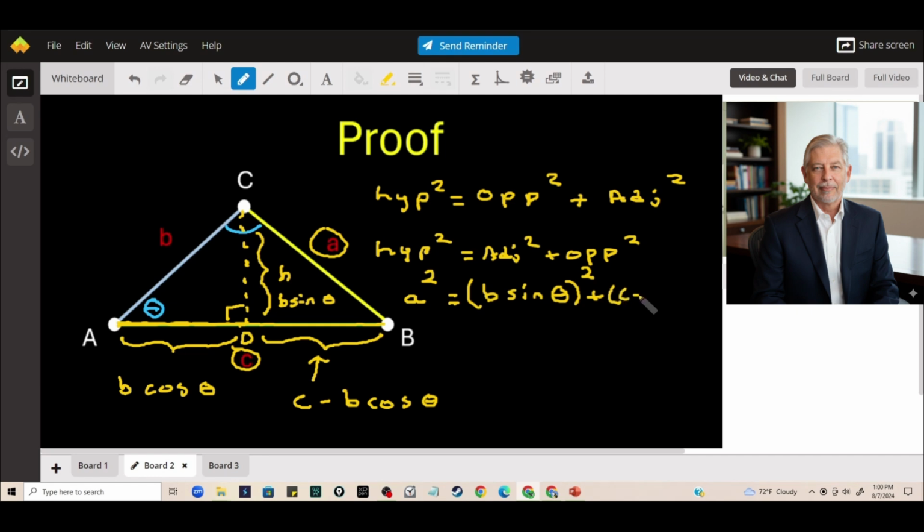C minus B cosine theta, and everything to the second power. So we have it.